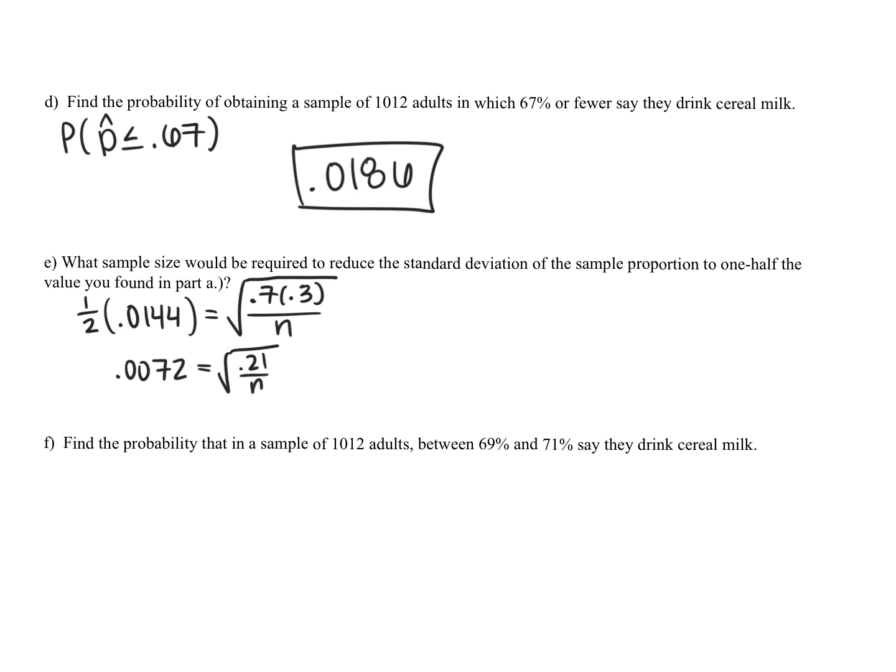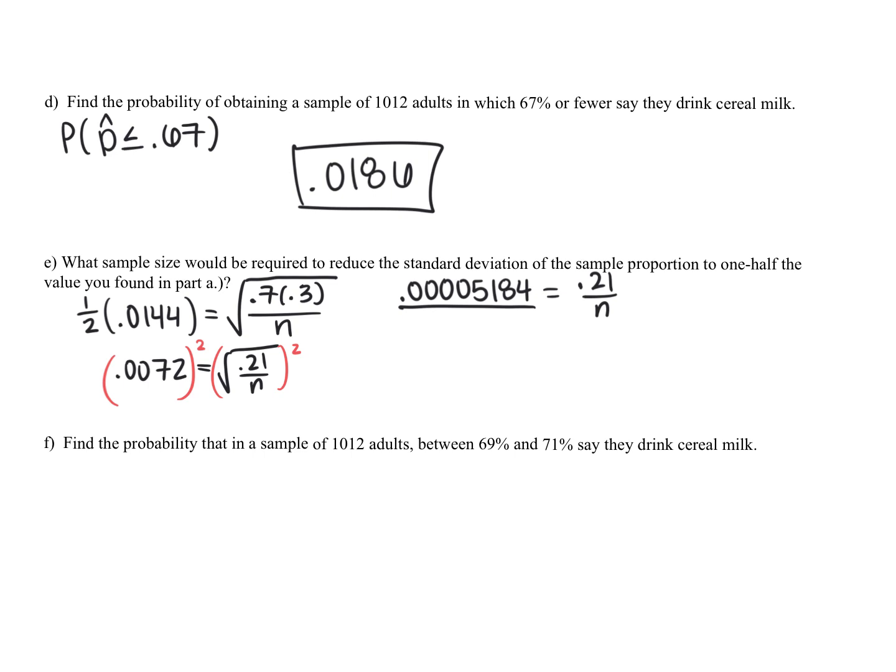So now I'm just using algebra. So my first step is going to be to square both sides to get rid of the square root. So we're going to get 0.00005184 equals 0.21 over n.